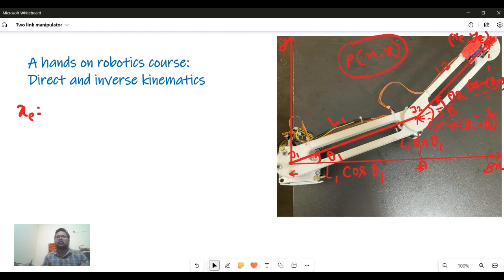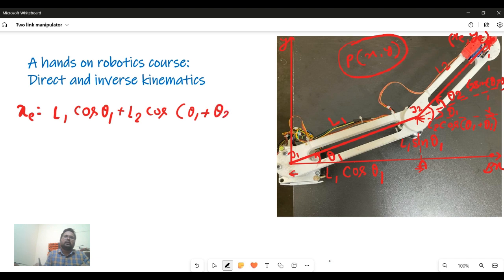This complete length will be L1 cos theta 1 plus L2 cos(theta 1 plus theta 2). Let's say this is equation number 1.